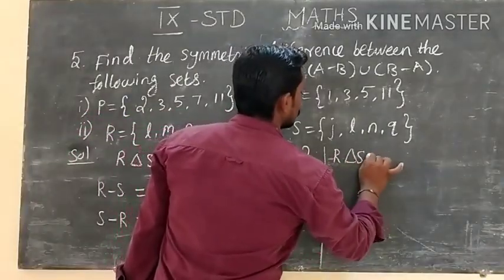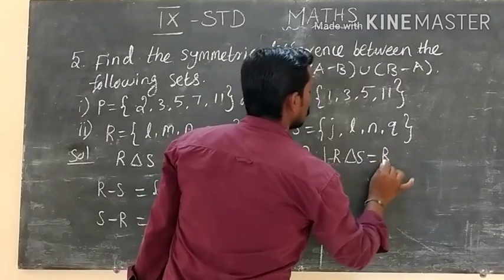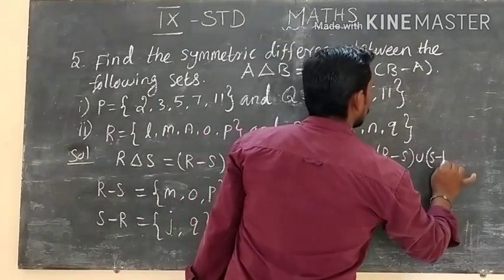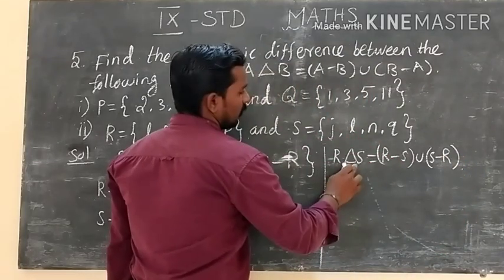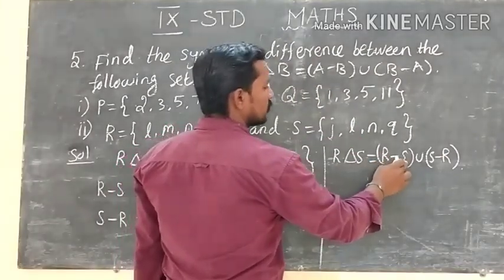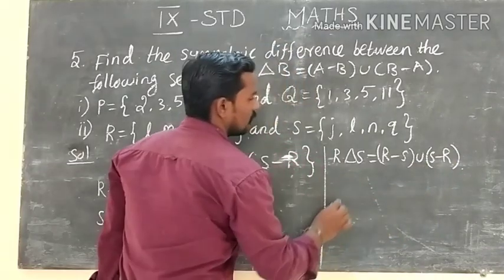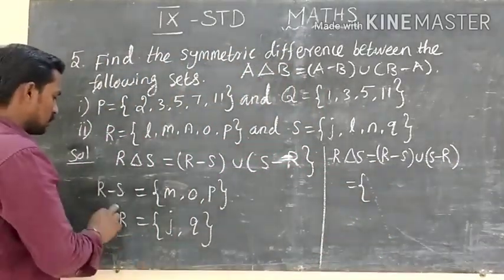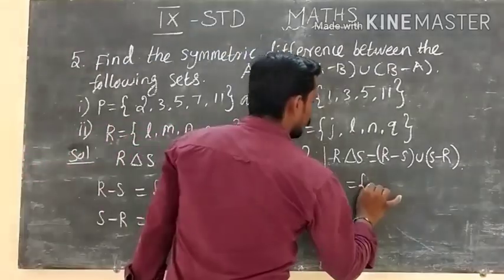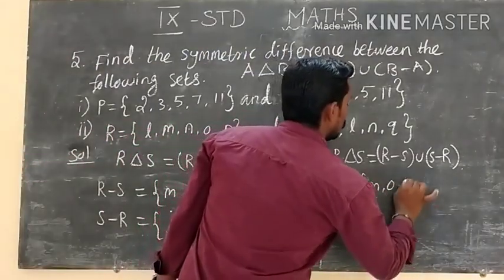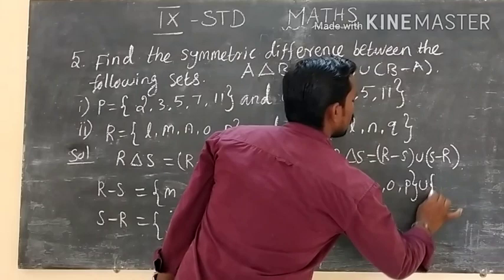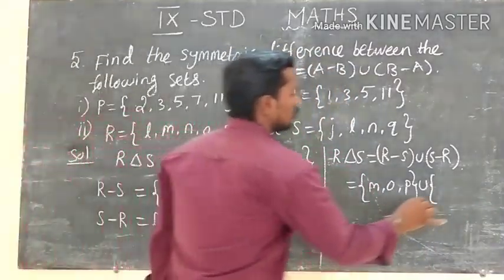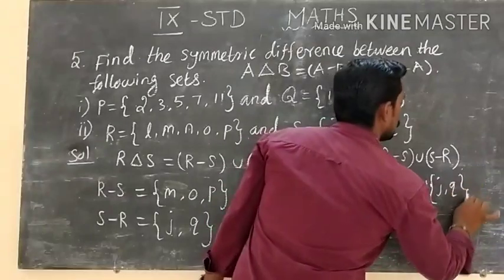R symmetric difference S is equal to R difference S union S difference R. Substituting the answer: R difference S is the set {M, O, P}, union S difference R, which is {J, Q}.